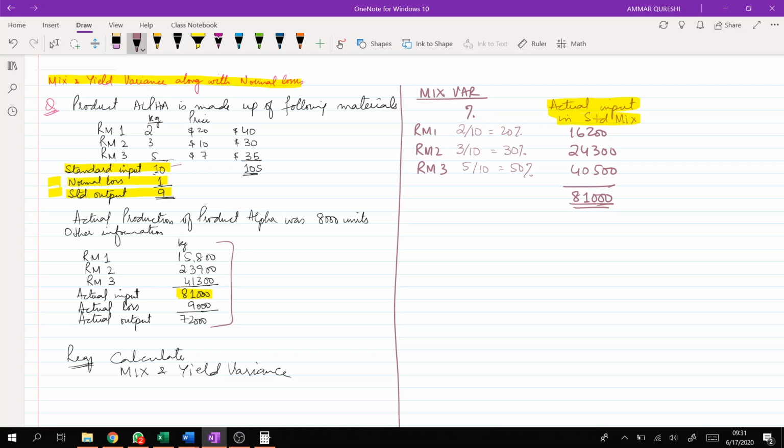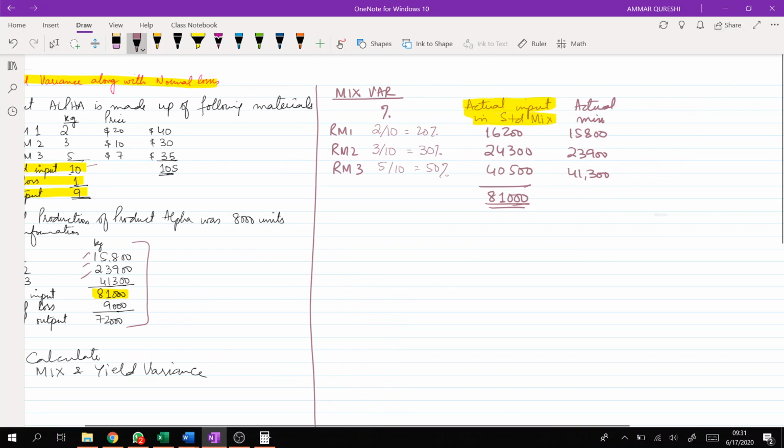So this is basically what we believe should have been done by the production department, right? Now, what is the actual situation? What is the actual mix? Actual mix is this one: 15,800 kilograms of raw material 1, 23,900 kilograms of raw material 2, and 41,300 kilograms of raw material 3.